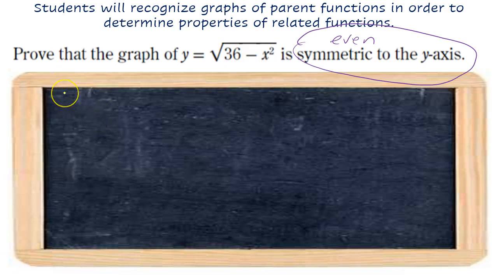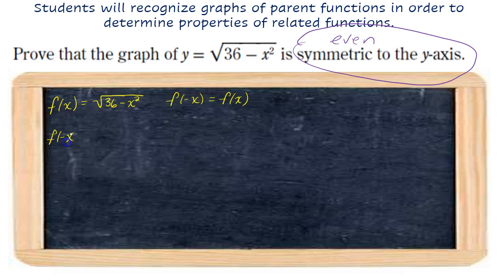Since symmetric to the y-axis means even, we're trying to show that f of x, which is the square root of 36 minus x squared, we want to show that f of negative x equals that same thing. So what we would do is plug in negative x.